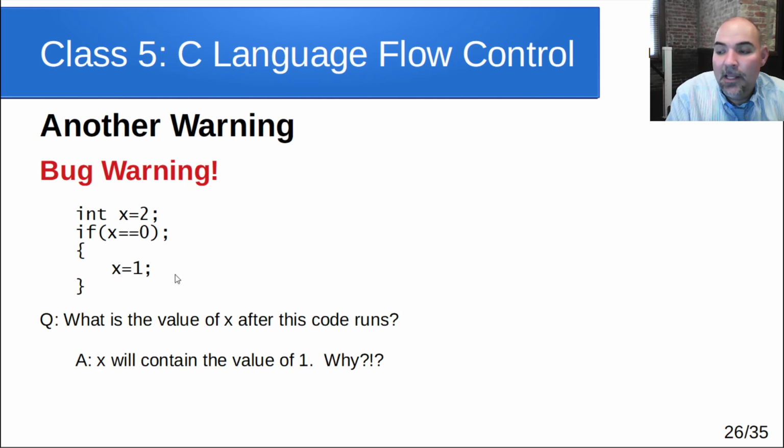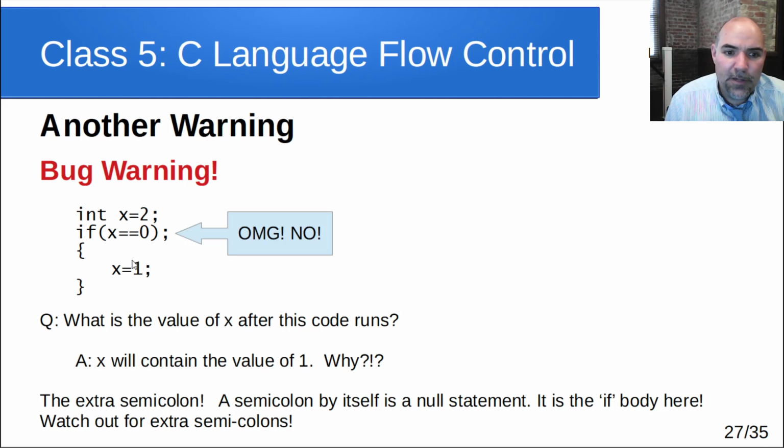Well, why? The answer to that is something that, again, C languages desire to trust the programmer. Remember that the if statement only executes a single statement following the if statement. And notice there's something weird there. There's a semicolon that we stuck at the end of that line. That extra semicolon, a semicolon by itself, is considered the null statement. It's just a statement that does nothing, kind of like pass in Python if you're used to that.